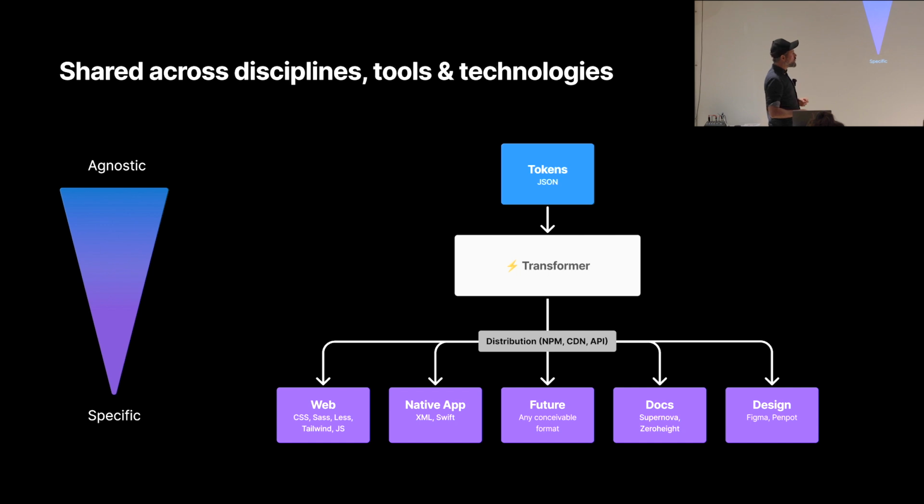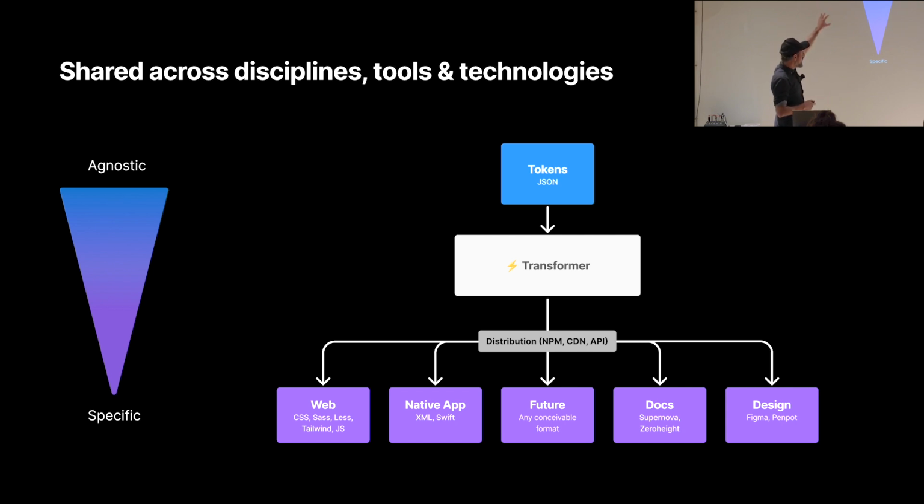If you're working on a native app, you could probably get your tokens in XML or Swift. If you're working on a design system documentation, JSON might be the right choice. If you're working in design, you can also consume your tokens in a design tool like Figma or Penpot.